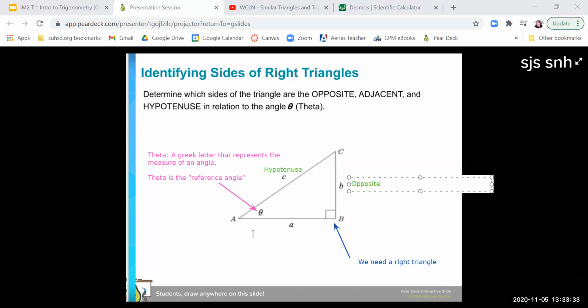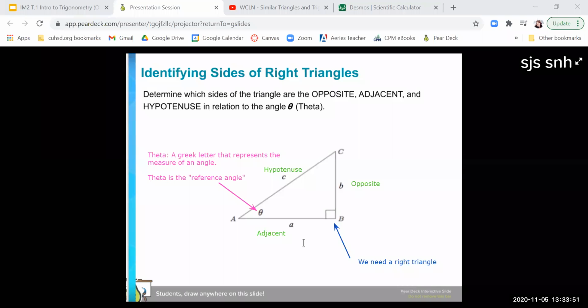And that leaves this side over here, down here as the adjacent. And adjacent is just another word for next to. So the adjacent side is next to our angle theta. So labeling opposite, adjacent, and hypotenuse is essential to doing a trigonometry problem.